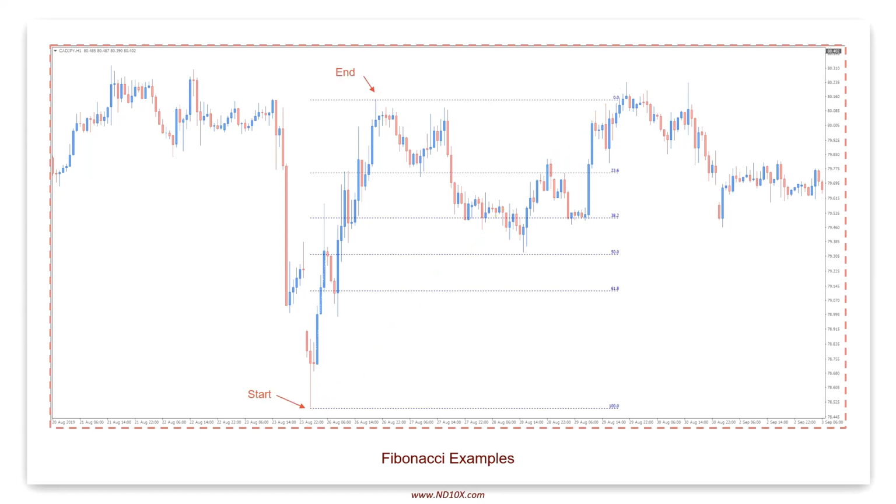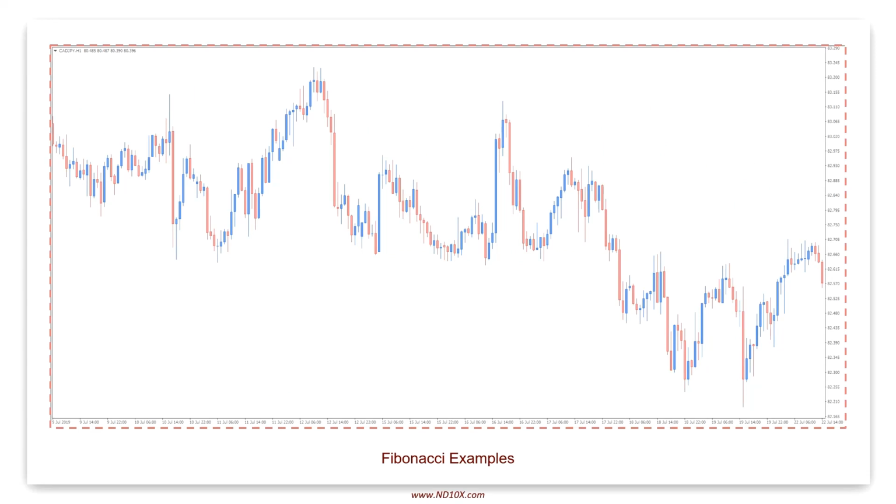And as we can see here, price started to move lower and found the support first at 23.6, after that at 38.2, and finally we found the support a few points above that, 50%. Keep in mind that it's not always that the market will turn exactly at that point, but there is a lot of chance that we are going to see some sort of move at the time when price tests one of these levels.